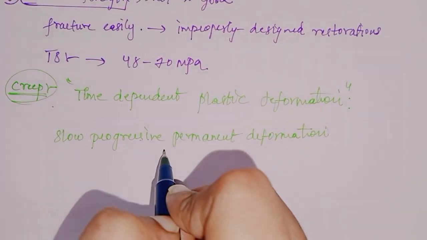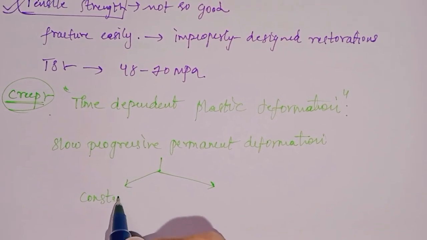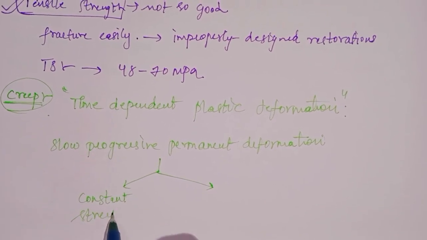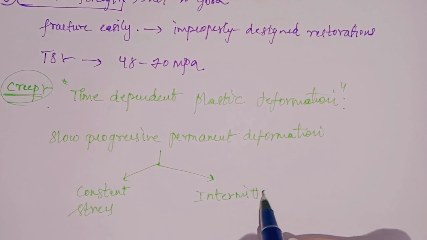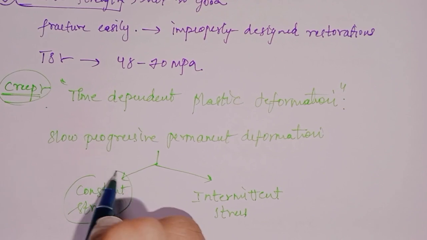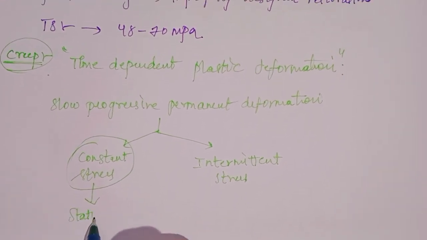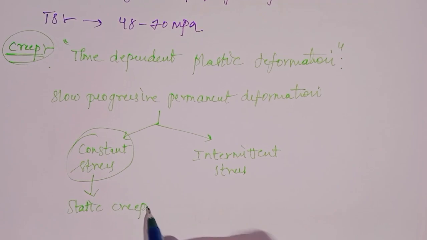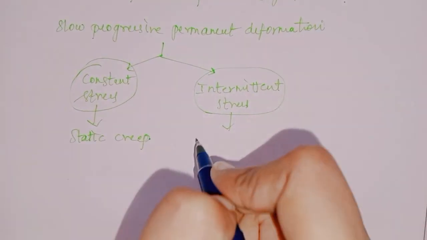If it occurs under constant stress, it is known as static creep. If it occurs under intermittent stress, it is known as dynamic creep.